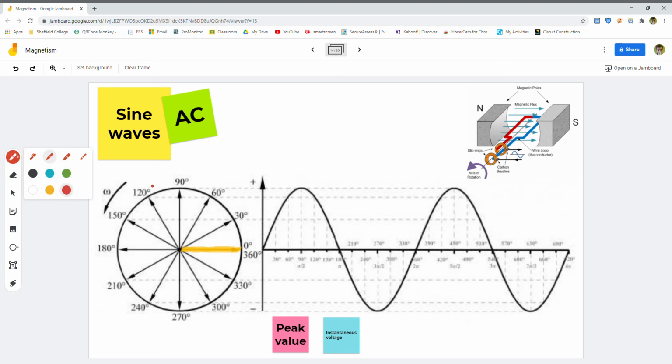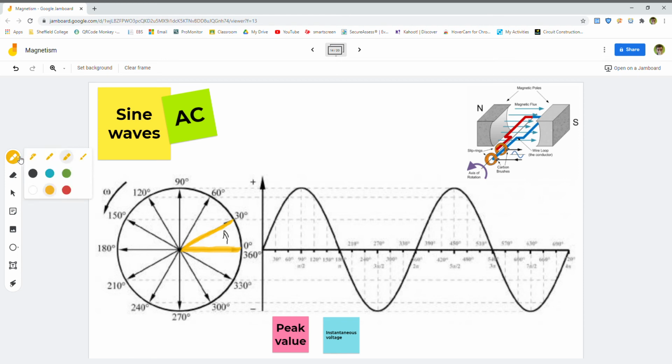As we begin to turn this conductor, because it's attached to the, not the generator, the other word that I've forgotten, it begins to turn, and this conductor will then move.